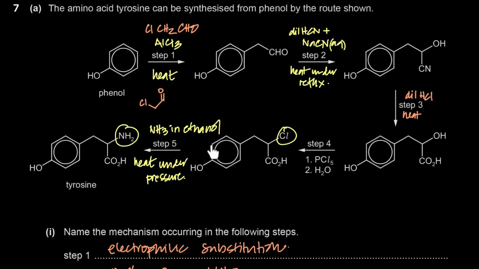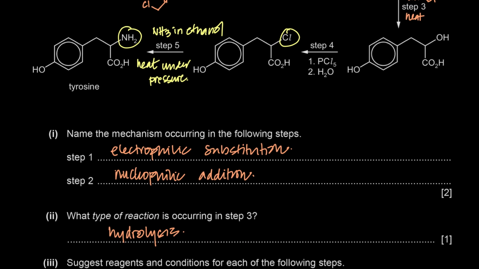Ammonia and ethanol vaporize very easily, so you maintain a high pressure to maintain that reaction. And the mechanism for reaction 5 is nucleophilic substitution, haloalkane to amine.